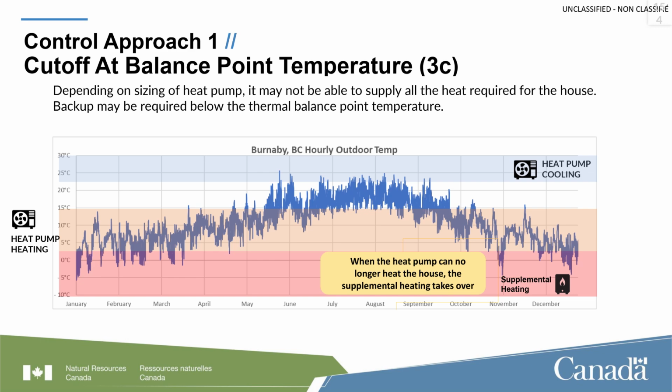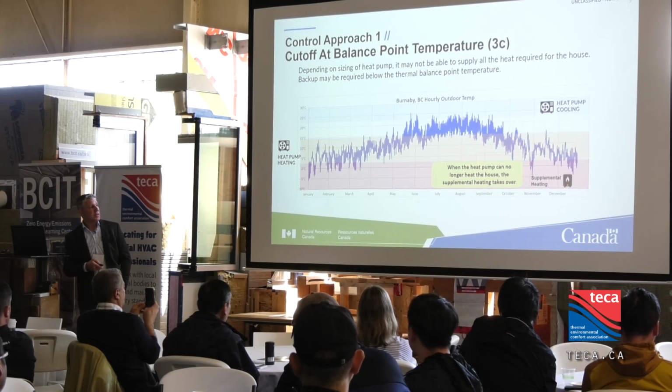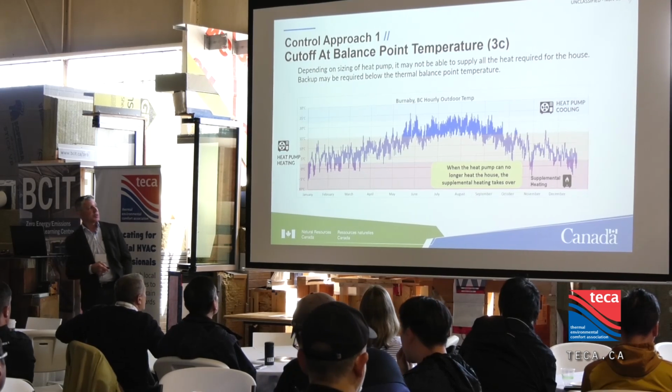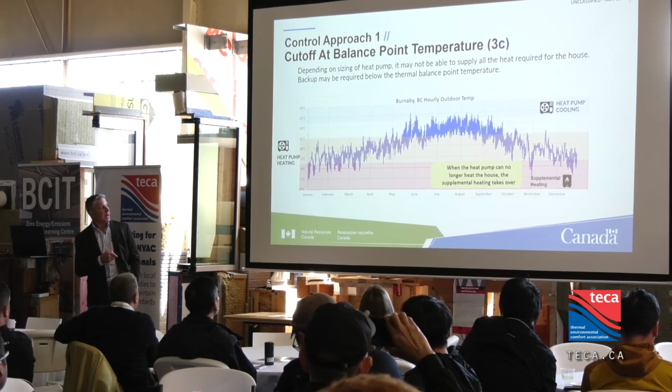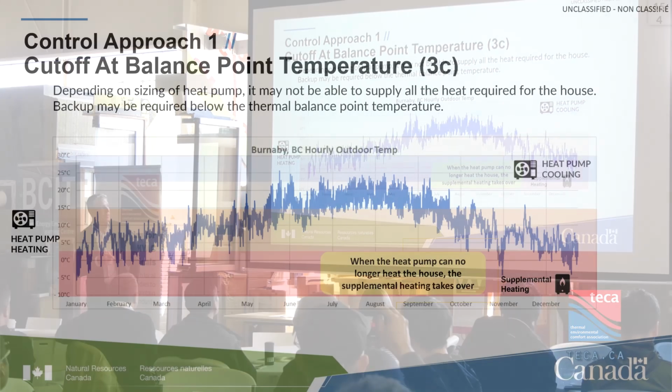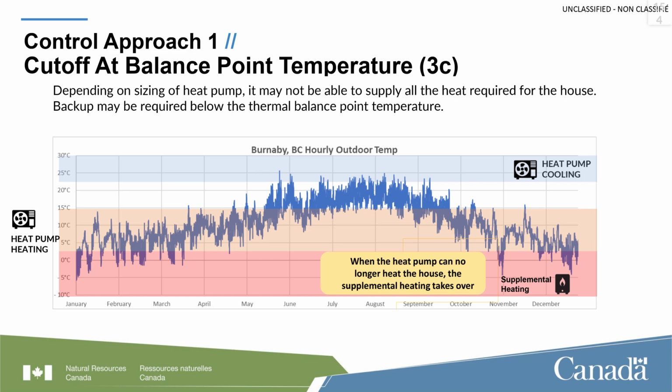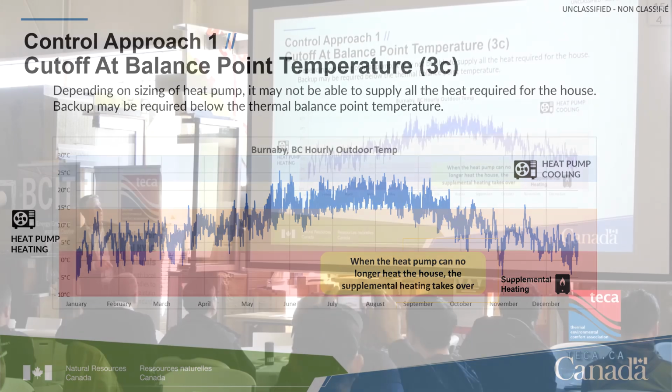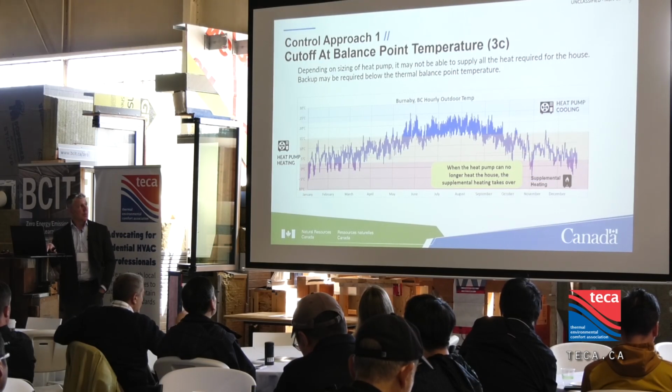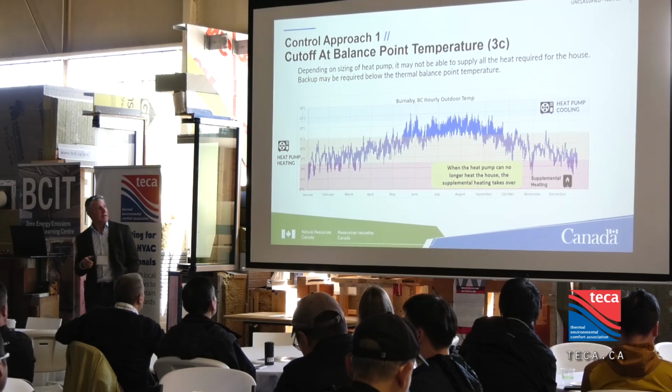Of course, the blue is on the cooling side. You see here at the 3 degree cutoff temperature, we are still going with quite a bit of the auxiliary supplementary heat. So that'd be our control approach number 1 at the balance point.